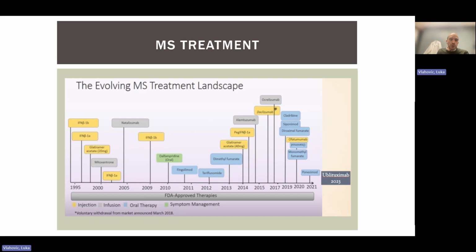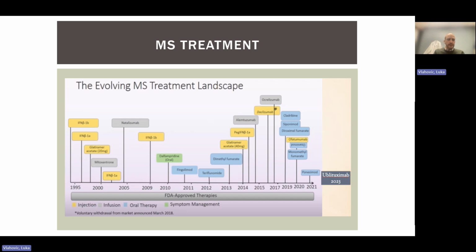This is essentially the evolving MS treatment landscape, since the 1990s. In the mid 1990s were the first injectable medications that were available, and then it is incredible how this field evolved and how we have many disease modifying options presently available.